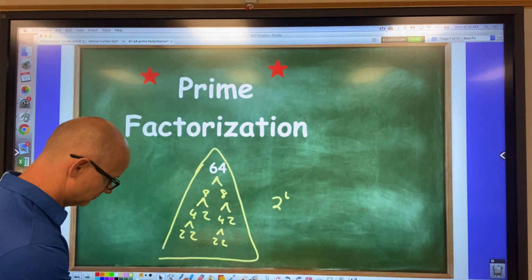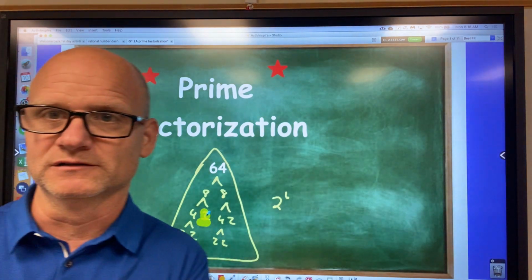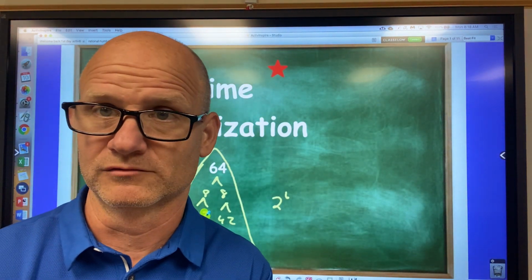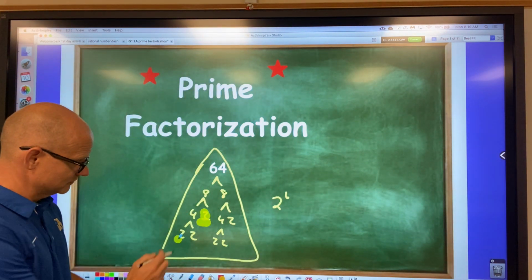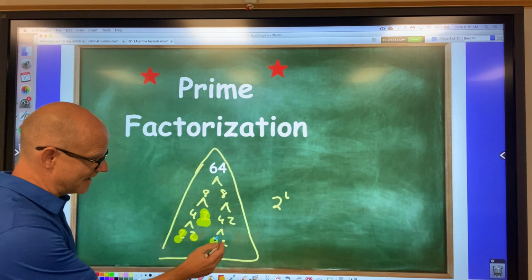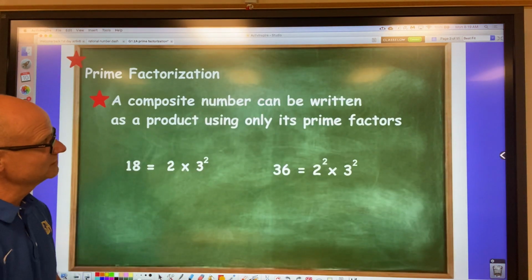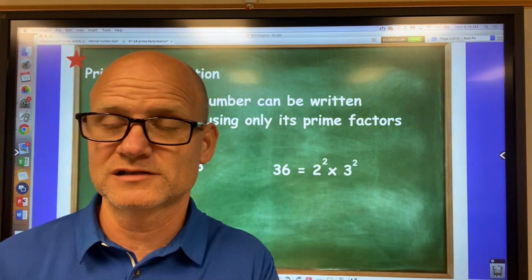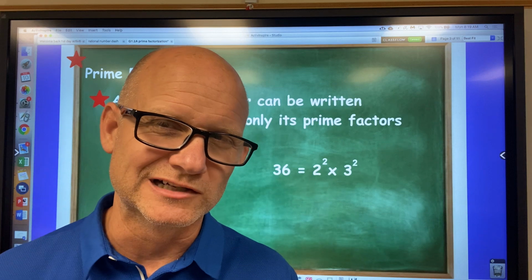Well, 2, that's a prime number. So I stop with that one because it's a prime number. Can't go any further, right? But I can factor 4. So I factor it to 2 and 2. So I stop and I stop. I stop and I have all prime numbers. So prime factorization is just factoring a number until you have all prime numbers. And then you write out its product.